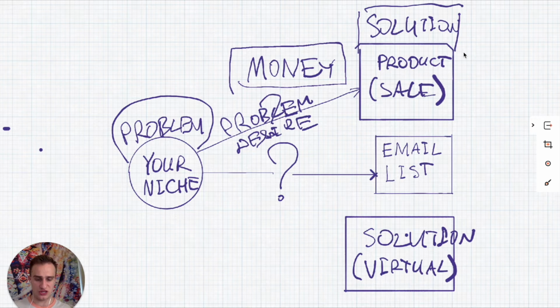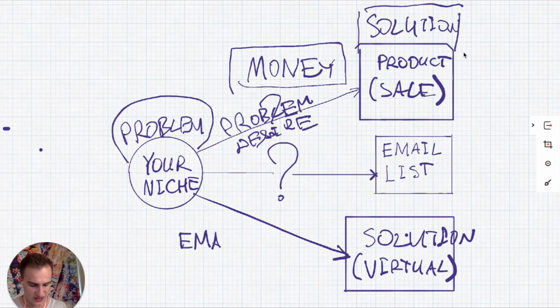And this solution is directed to solve this problem, right? And people are going to get our solution the same way as we offer them the product in exchange for what? For money? No, we are not going to charge money. We will ask for their email.